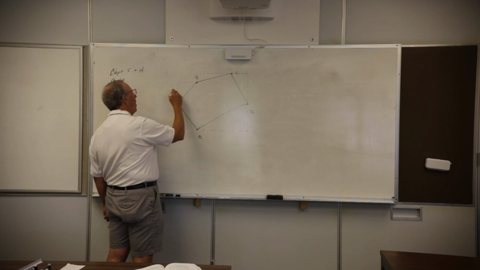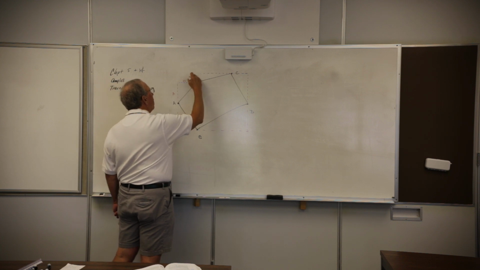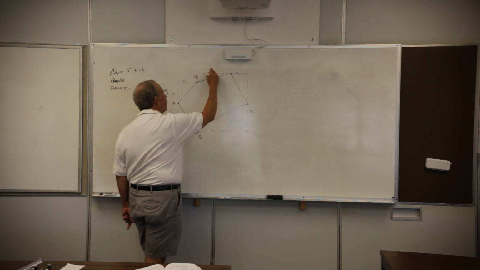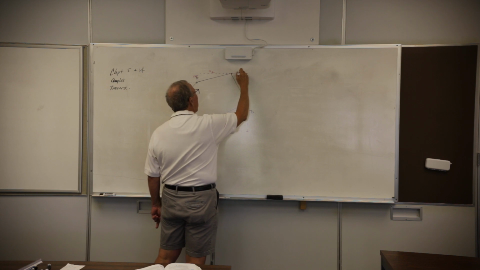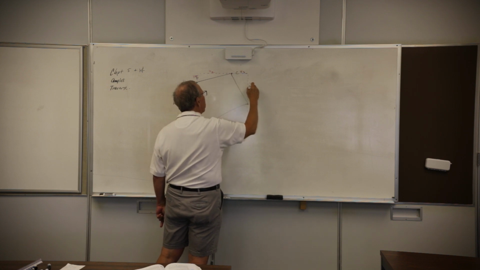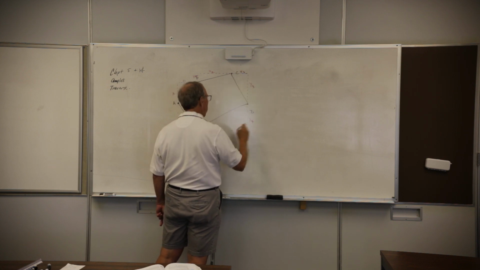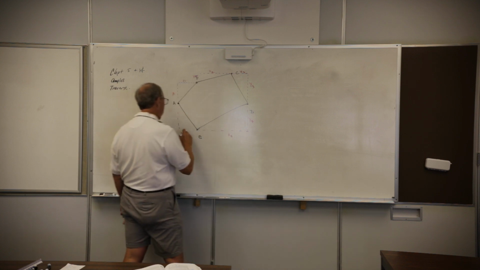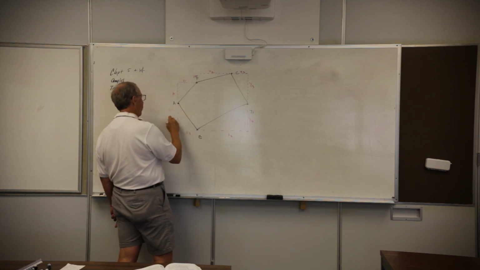This would be Y1, X1, Y2, X2, X3, Y3, Y4, X4, X5, Y5.